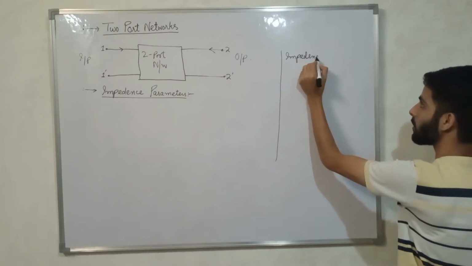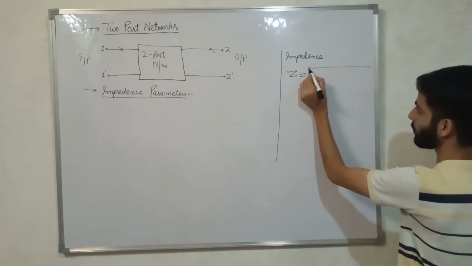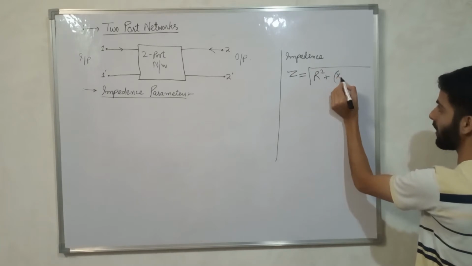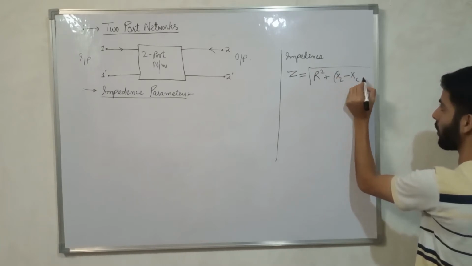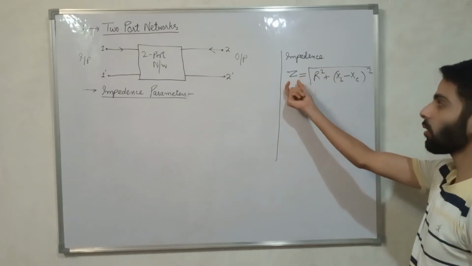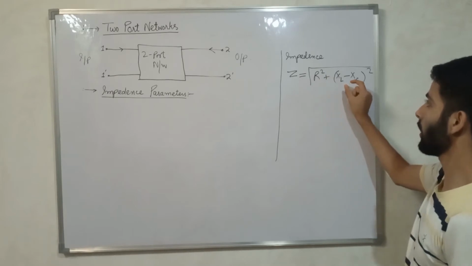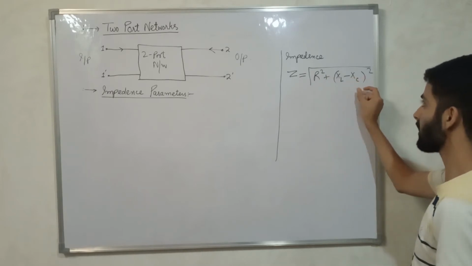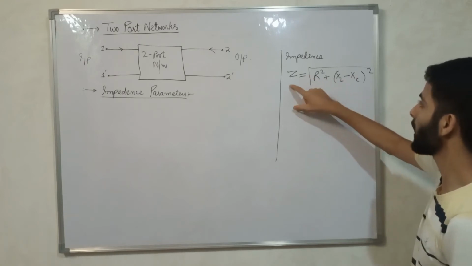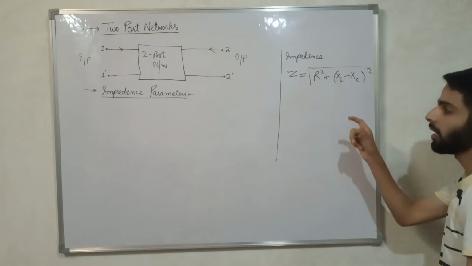Impedance is written as Z equals the square root of R squared plus (XL minus XC) whole squared. Impedance is the combination of resistance, capacitance and inductance. So impedance is the mixture of all those three things.